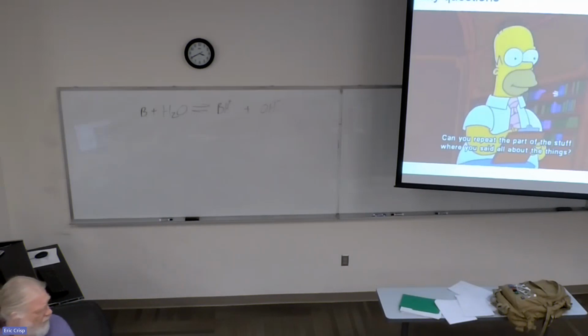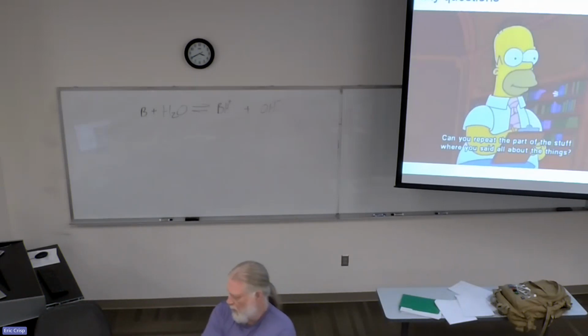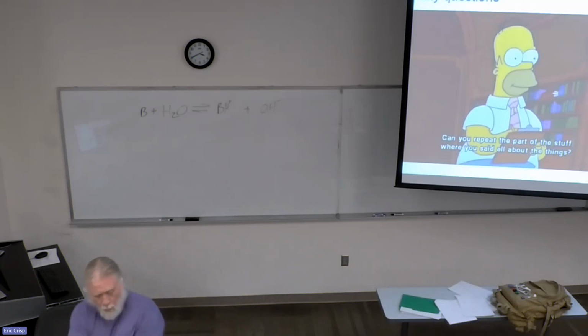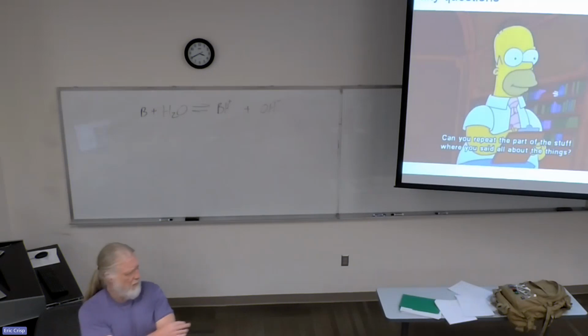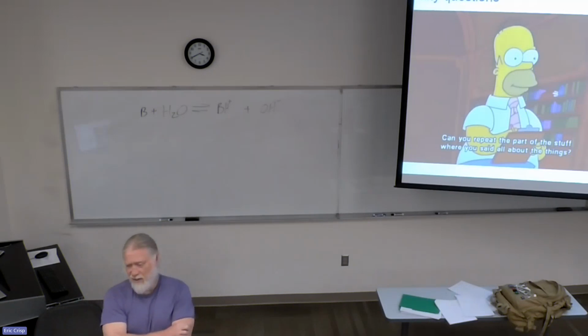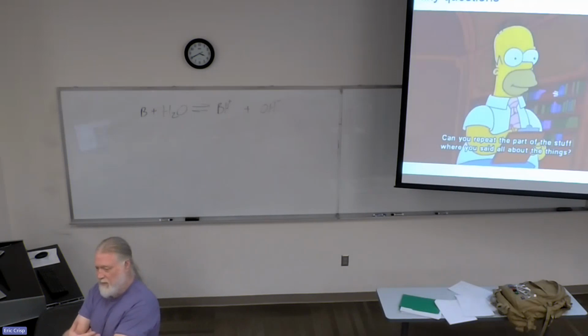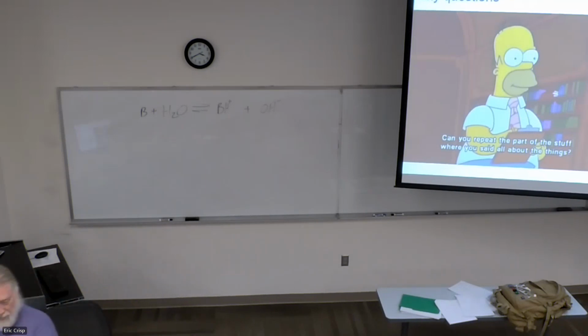There are 2 equivalence points on this curve, and you could have picked either of them, and either was correct. Then a well-buffered region is the opposite. That is the flat area, right? Where you still have a lot of both acid and base. You could even say that you have half of your total species as acid species and half as the conjugate base species, making that the half equivalence point.